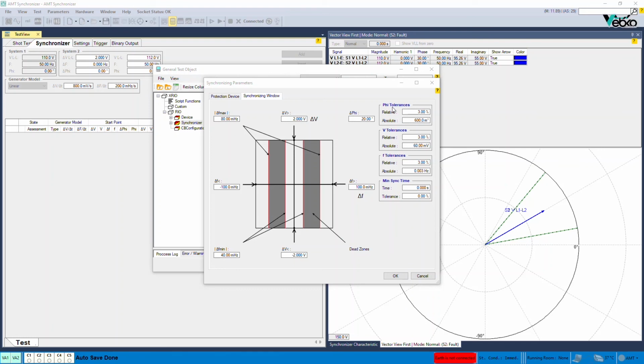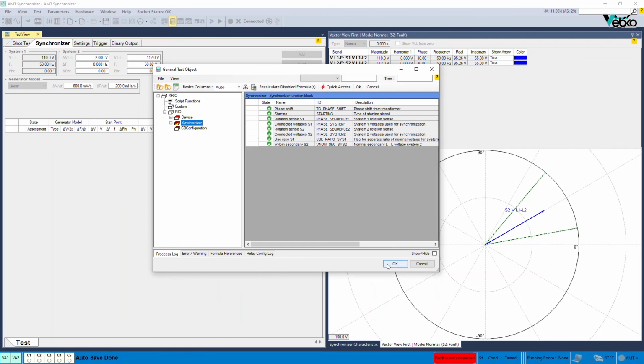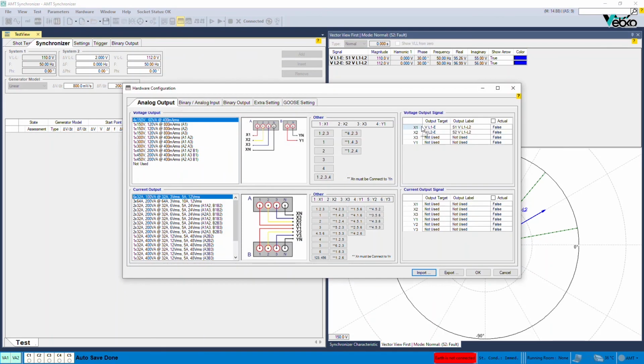For example, if in the protection device, in the connected voltage tab, the two systems are set at L1, L2 mode, by going to the hardware configuration window and in the analog output section, it can be seen that considering the selected mode, two sources are specified for the voltage that is being used for the test, and that in fact, VL1E plays the same role as VL1L2 of system number 1, and VL2E plays the same role as VL1L2 of system number 2.